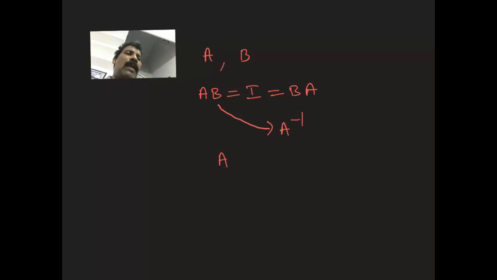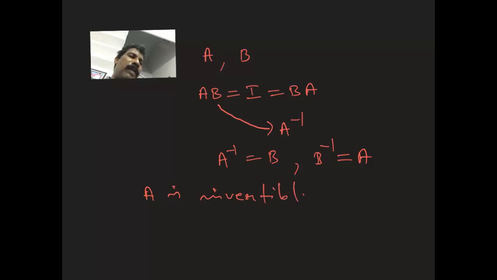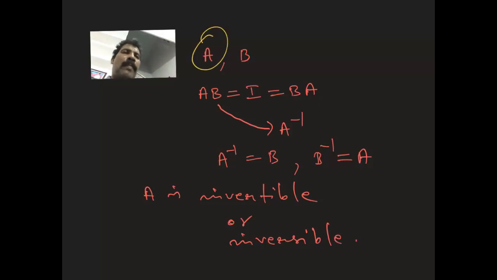That is, A inverse is B and B inverse is A. In such a case, we can say that A is invertible or inversible. So remember that inverse can be had only with the square matrix, and it is not necessary that every square matrix shall have inverse. Let us consider one example.